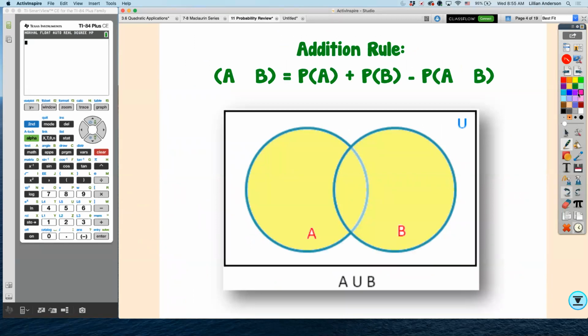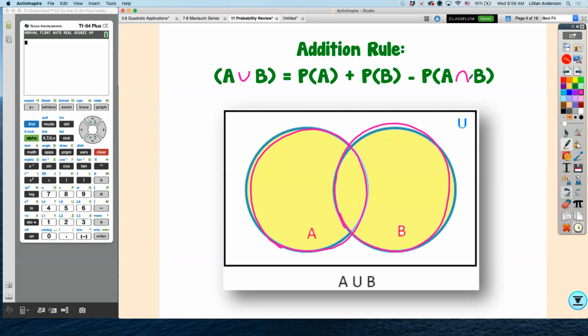The addition rule, also known as the combined events, and I think that's actually how it's written in your reference booklet, says that the union between A and B is equal to the probability of A, this entire event, plus the probability of B minus the intersection.